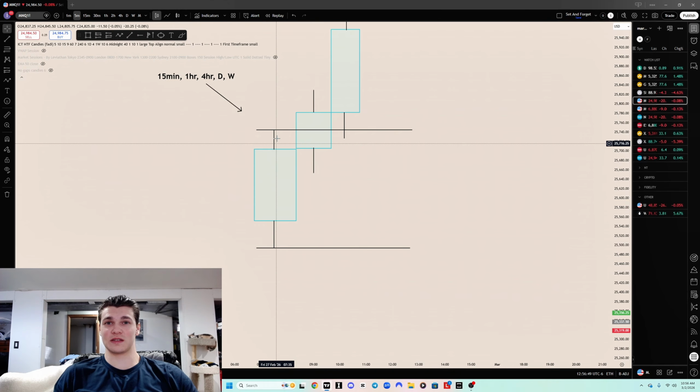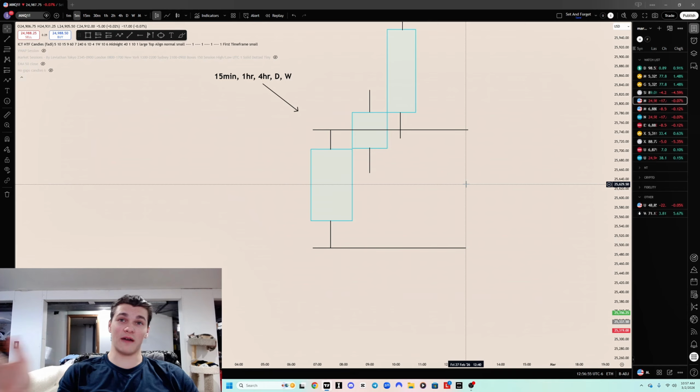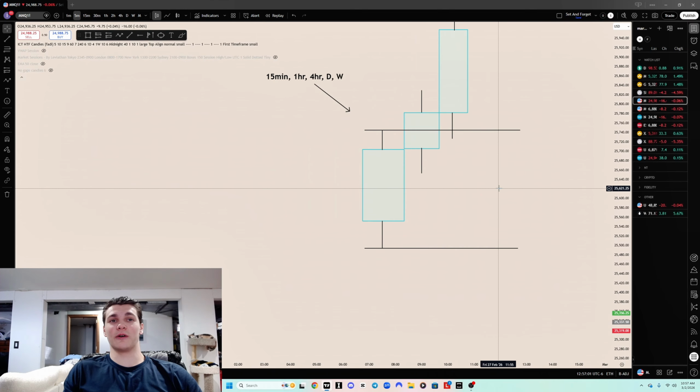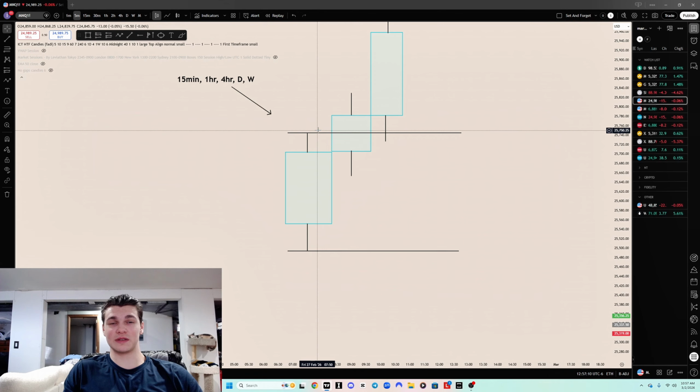This can be a 1 hour candle, the 4 hour, any of these. I use the 15-minute. Obviously, the higher the time frame, the higher the probability. I just like micro scalping. So this is your 15-minute candle, and this first candle is your range from the top wick to the bottom.